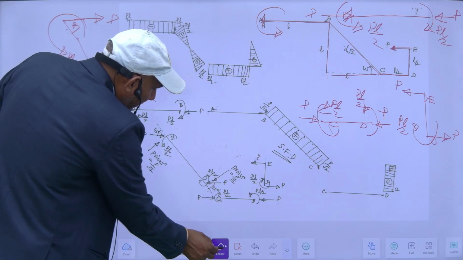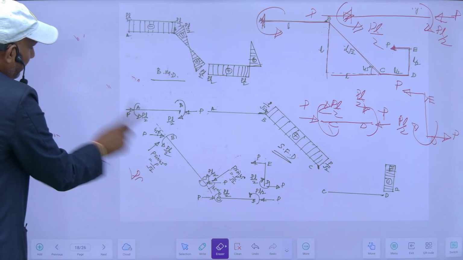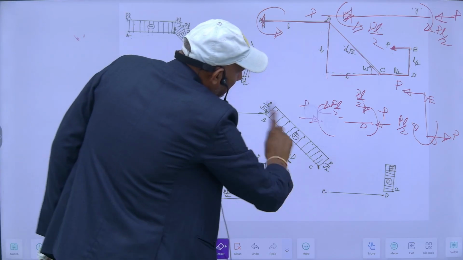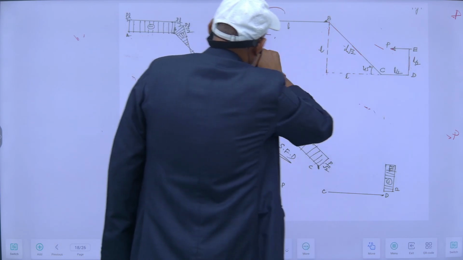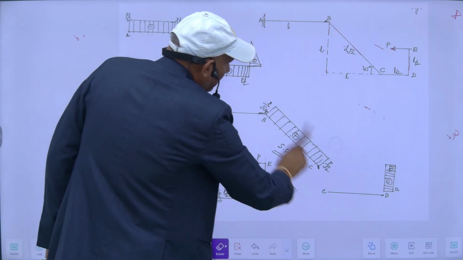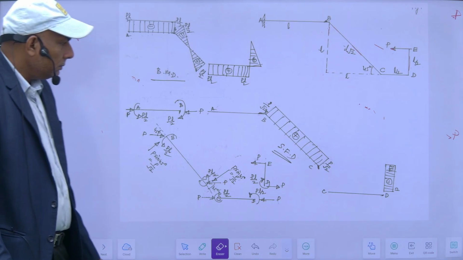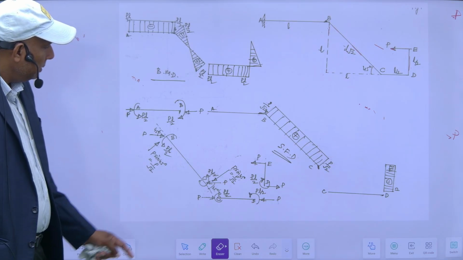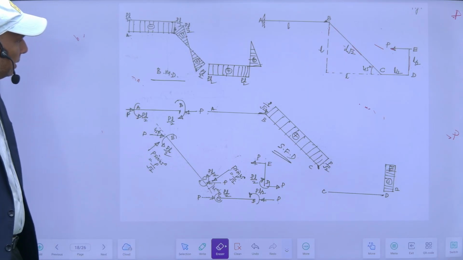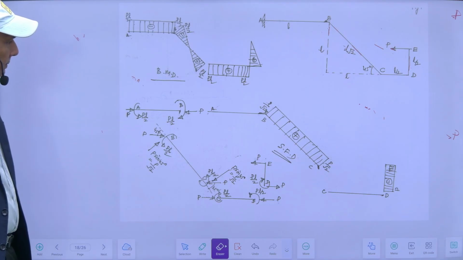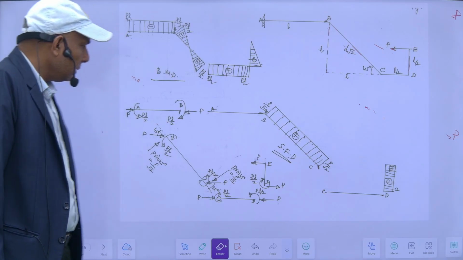So after drawing the free body diagram, I can easily draw its SFD and BMD. So this is the free body diagram. Let's start from here, with the shear force diagram first of all.